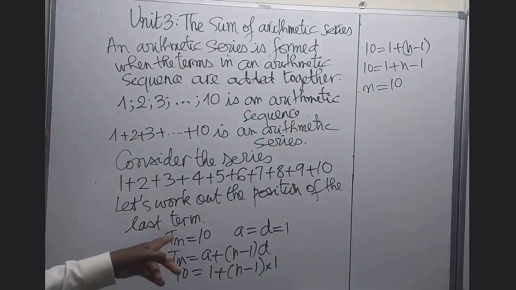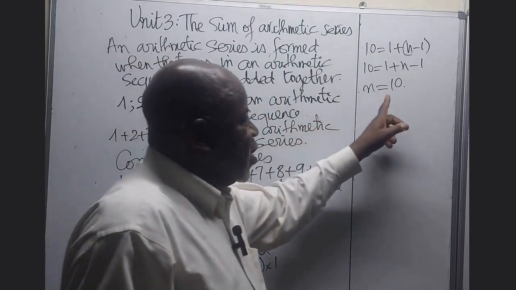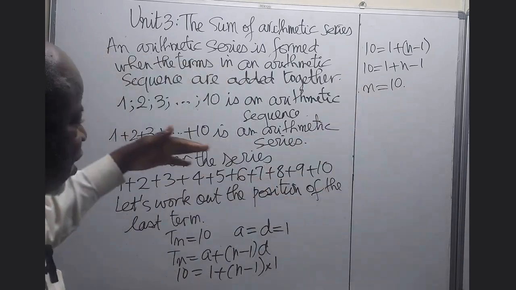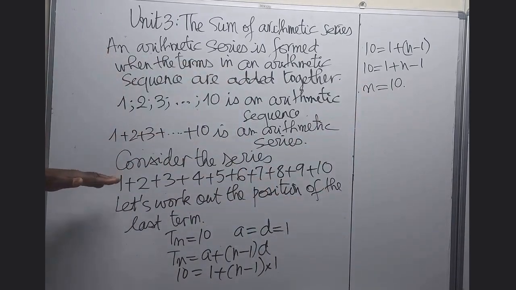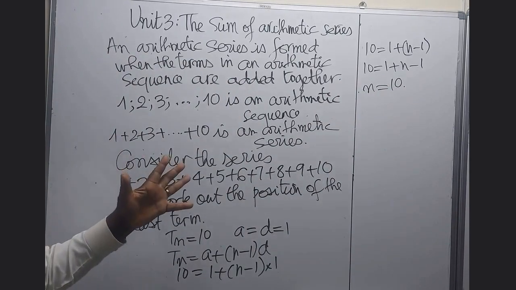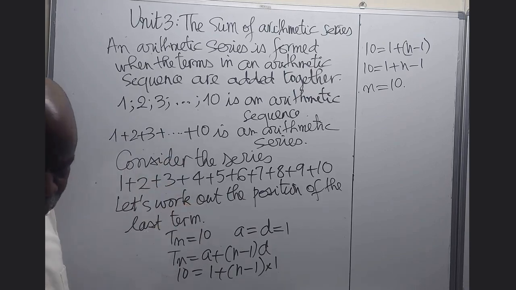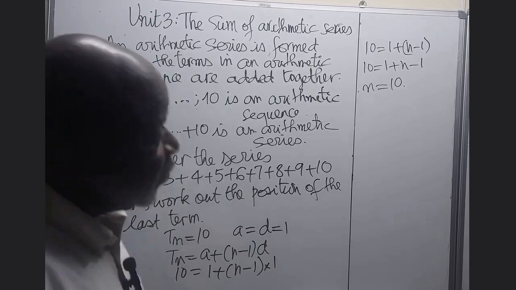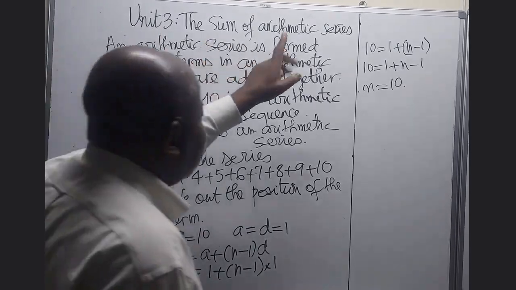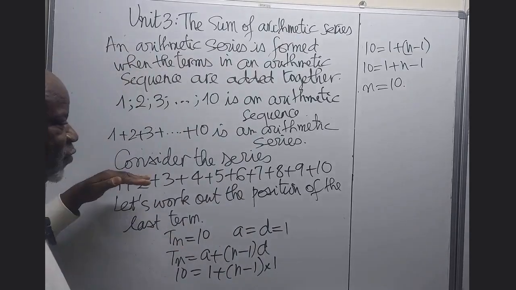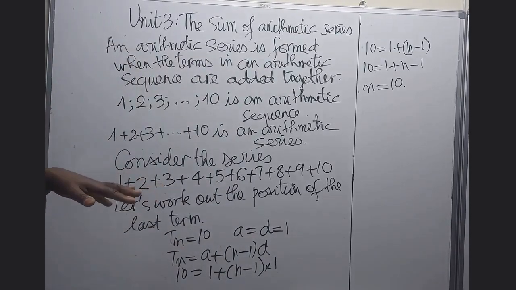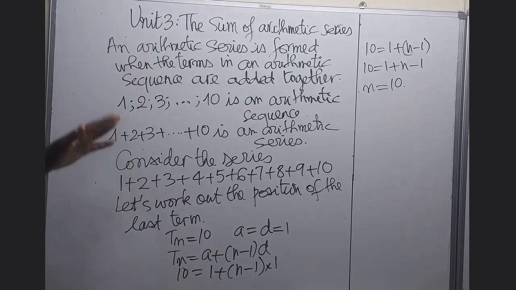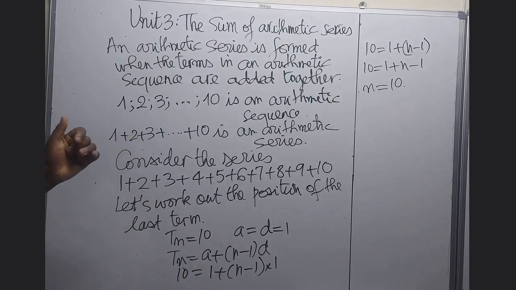So the position of the last term is n equals 10. I've considered a simple example of the first 10 numbers from 1 to 10. With this series we're going to see how to get the sum of an arithmetic series. I'm going to clean the board so that we can have enough space.